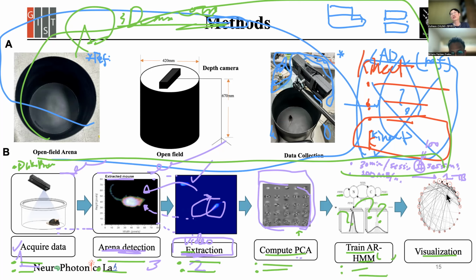And this is actually transition. First of all, syllables. Where are the syllables? This one, after we train the AR hidden Markov model, we got the syllables and then finally the visualization.